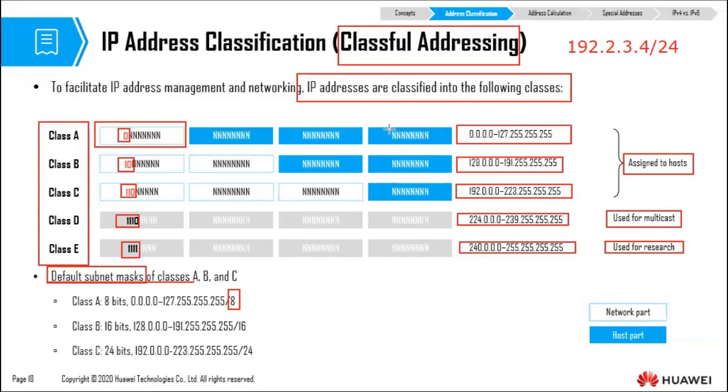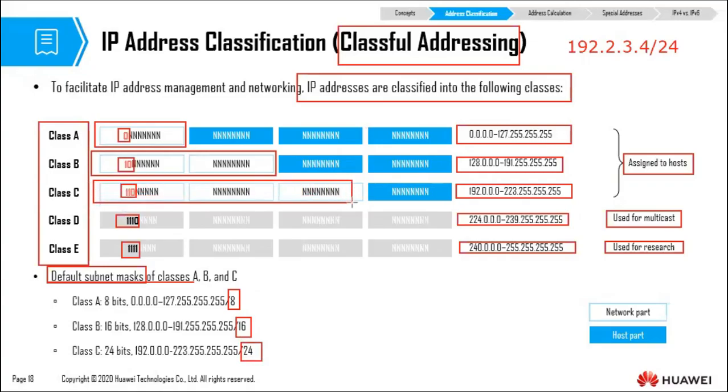The other 24 bits represent the host bits. For class B, it is /16, meaning the first 16 bits represent the network, the remaining the host. And class C, /24, meaning these bits represent the network, while the remaining represent the host.